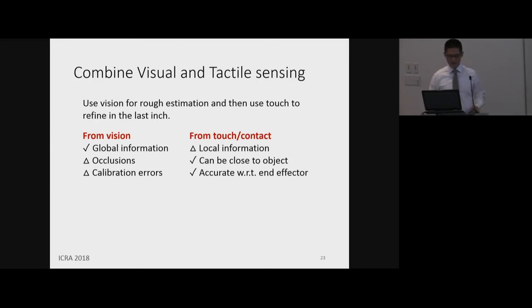In addition, intrinsic and extrinsic calibration errors also make the information not accurate. On the other hand, tactile sensors provide only local information, but they can be very close to the object, and the measurement is accurate with respect to the robot finger. So vision and tactile information complement each other pretty well, so we would like to find an efficient way to combine them.